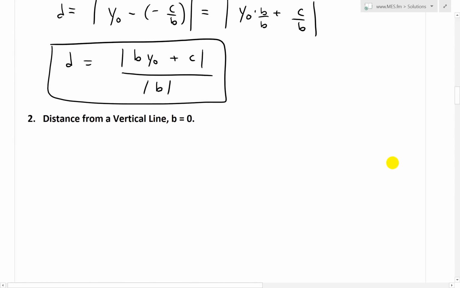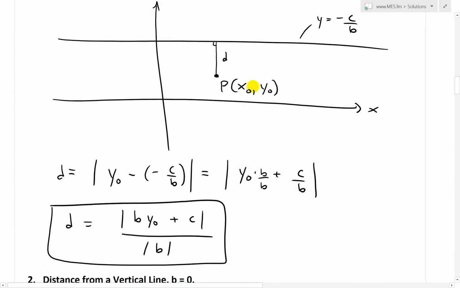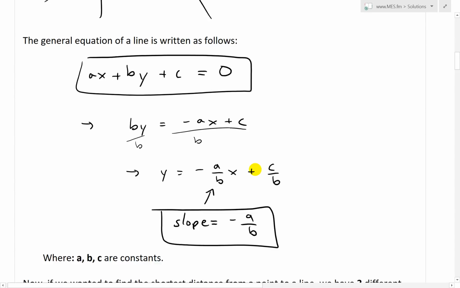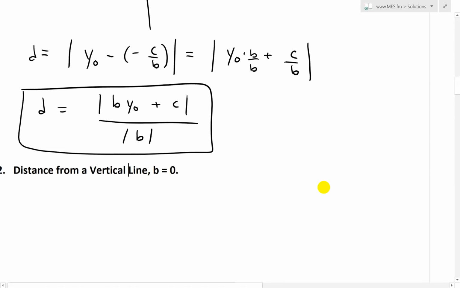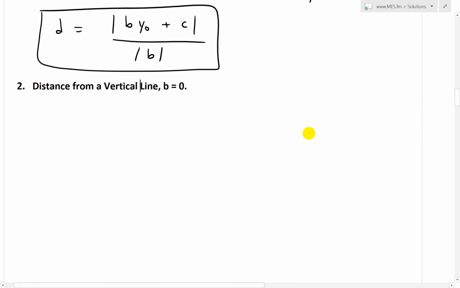Alright, so now let's look at the second scenario, and that's when the distance is from a vertical line. In other words, b is equal to 0. And again, if you look at that formula, if b is equal to 0, the by term goes away, and then what we end up having is ax plus c equals 0.